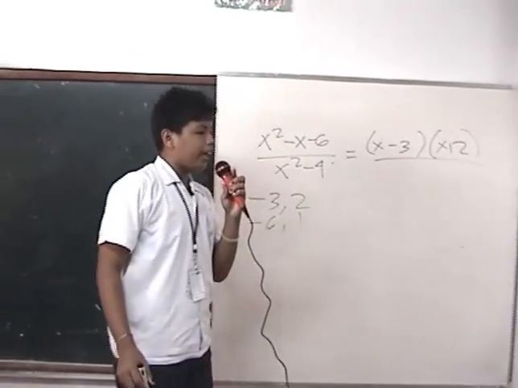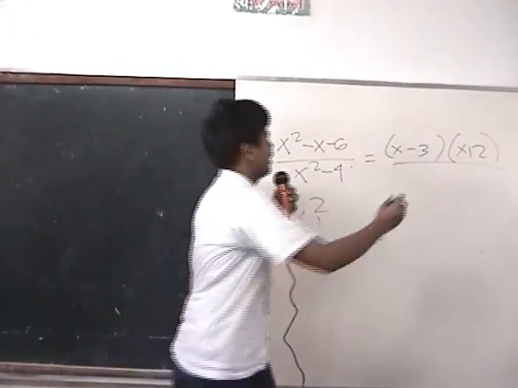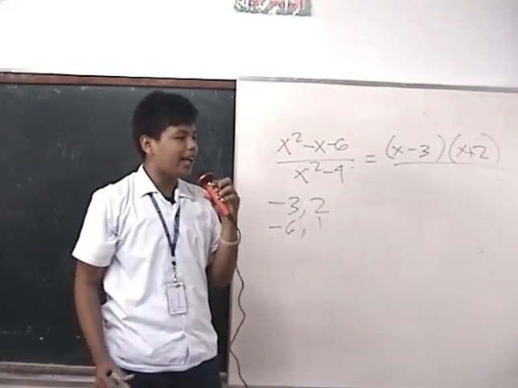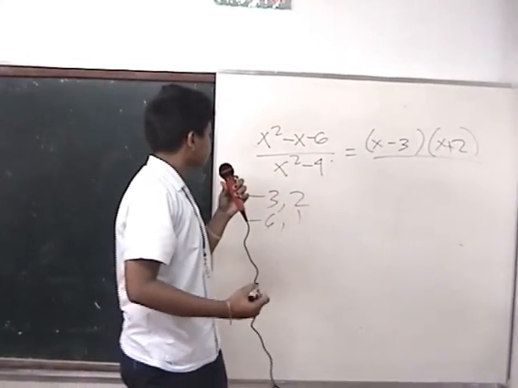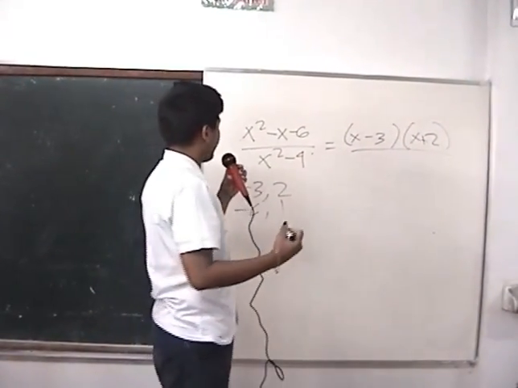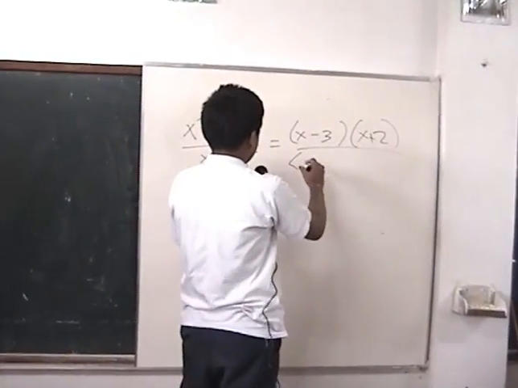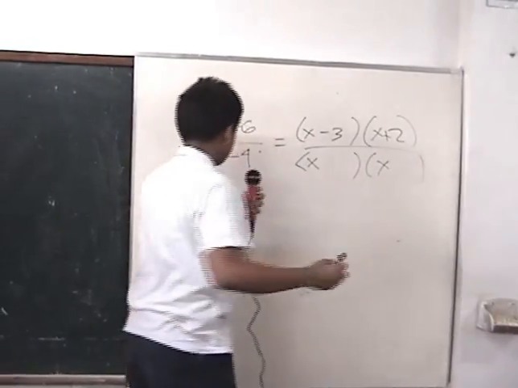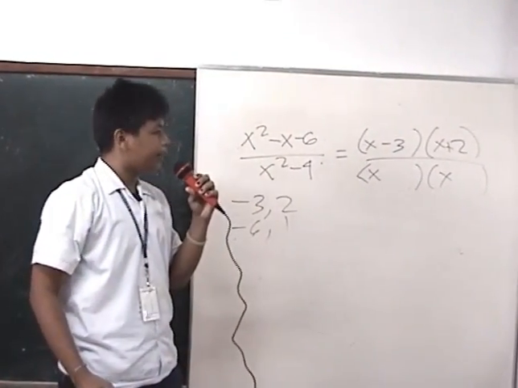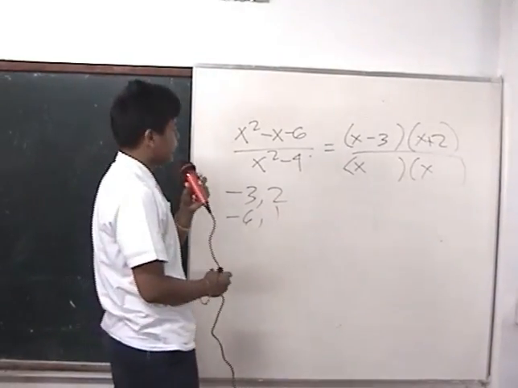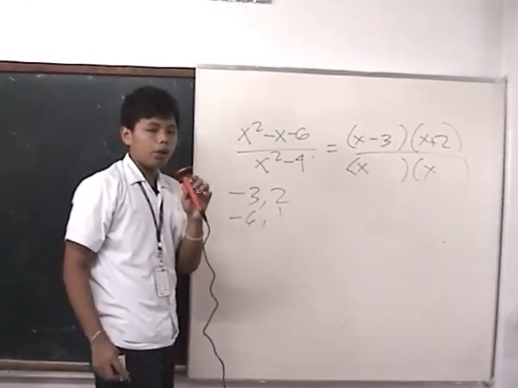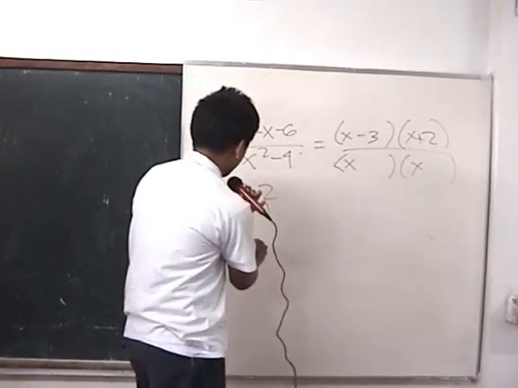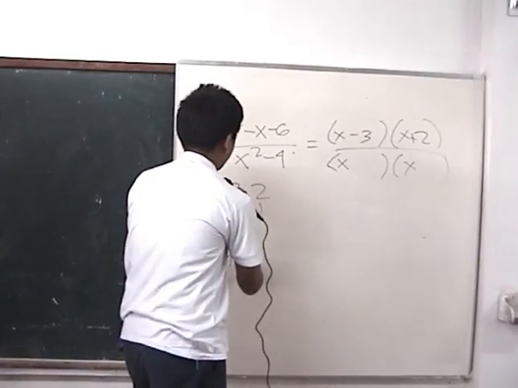Next, I find the factors of the denominator, which is x squared minus 4. X squared, and find the factors of the last term, which is negative 4. The possible factors of negative 4 are negative 2 and 2, negative 4 and 1.